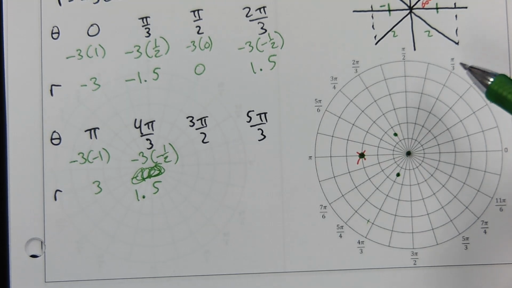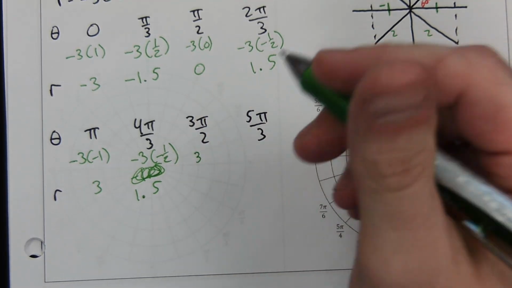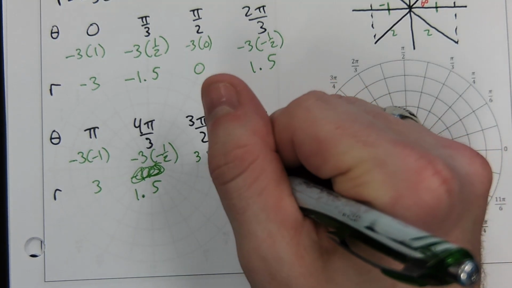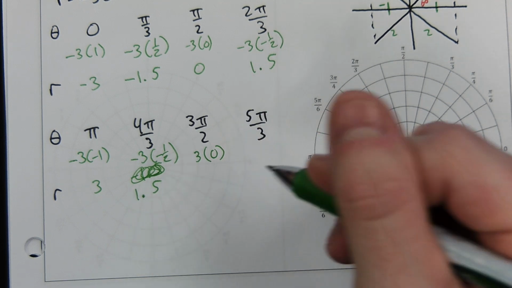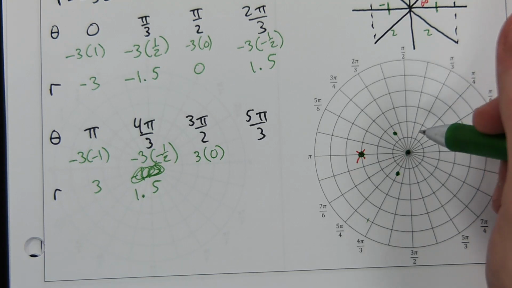3 pi over 2, cosine here is 0 again, so I get 0 once more. I feel like something went wrong. Oh, no, it didn't. I'm all right. And what is this? What did I say it was? 0? Yes? Right? No, it's not. Yeah. That's the vertical line. I swear I'm smart.